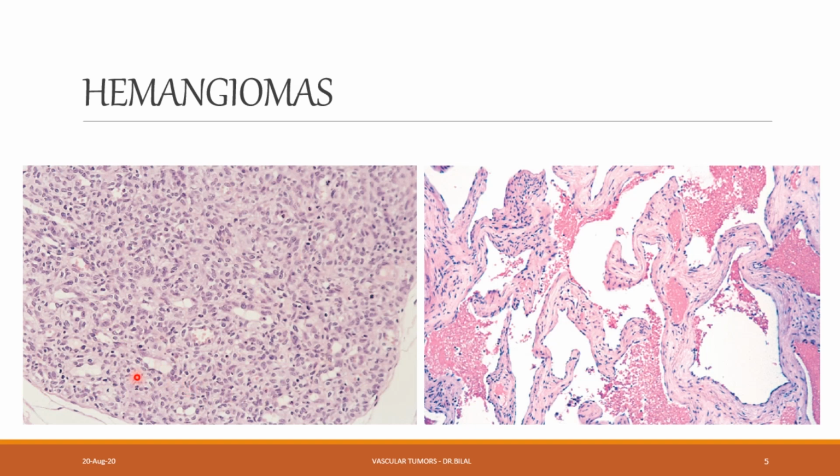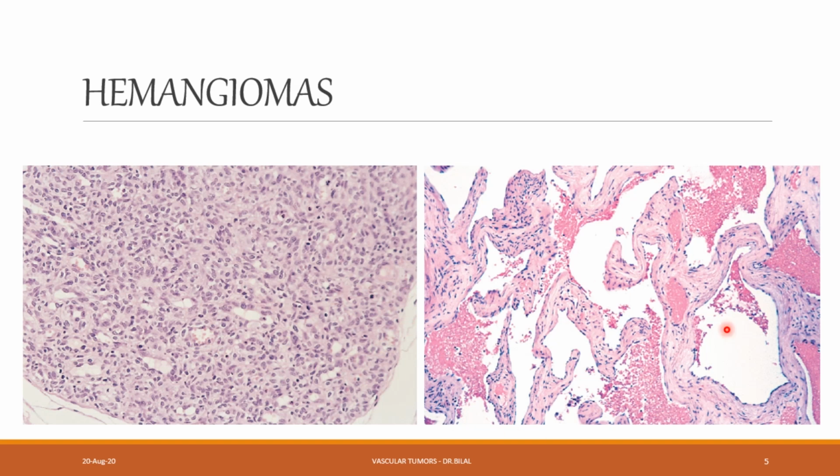This is a lobular proliferation of vessels lined by plump, or enlarged, endothelial cells, which do not show the kind of nuclear atypia that warrants a diagnosis of malignancy. Okay, so this is a benign tumor.